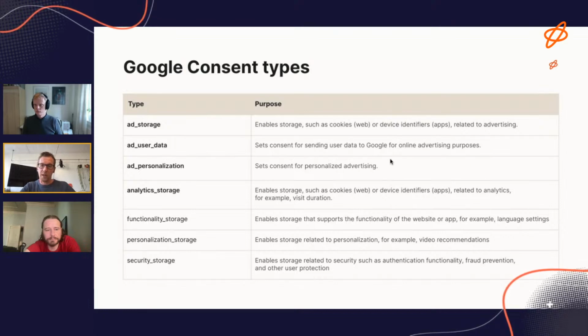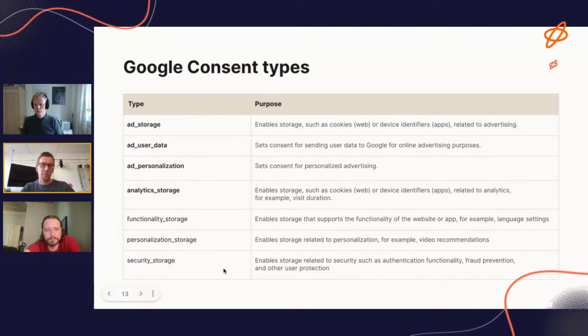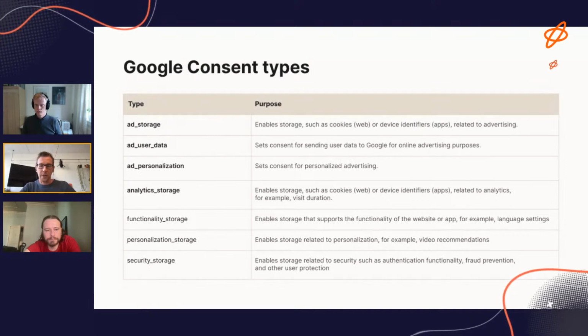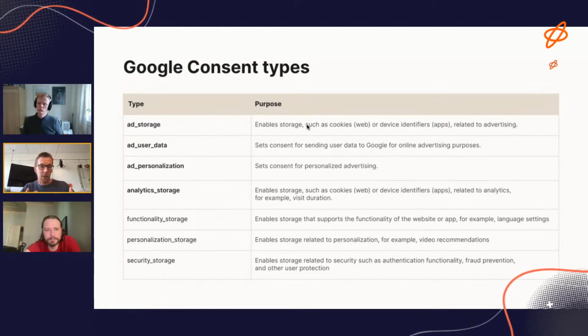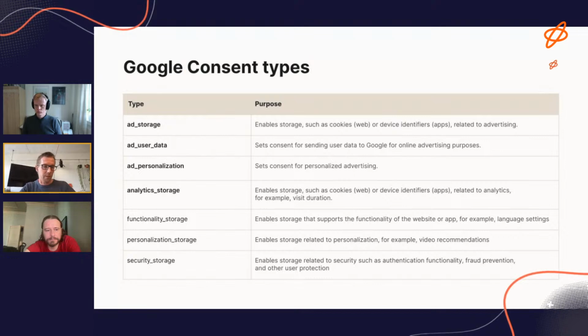So these 7 items you see here are the 7 consent types of Google Consent version 2. So they range from functional tags that just process functional information all the way to ad personalization and ad storage, and really going into that level of data sharing with third parties and other apps.